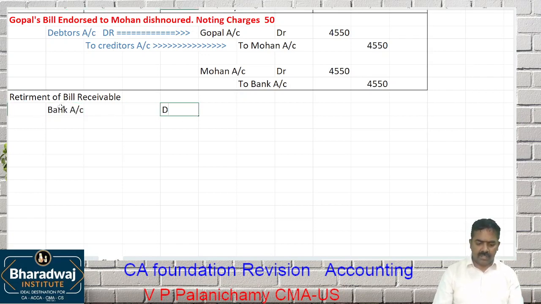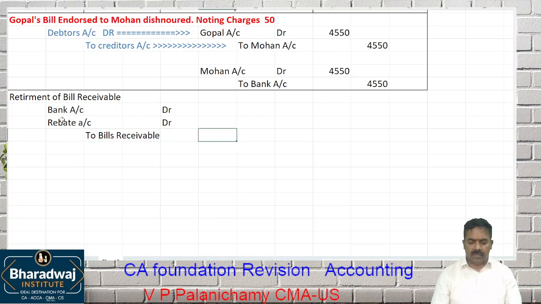So bank account debtor, rebate account debtor to bills receivable. What is the bills receivable value? 2,500, 25% discount.